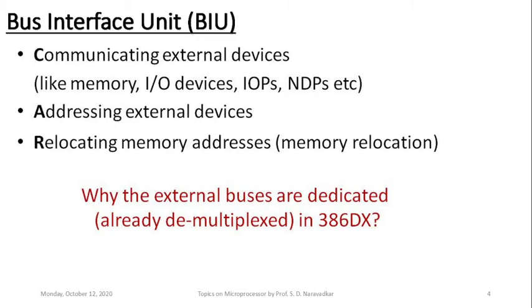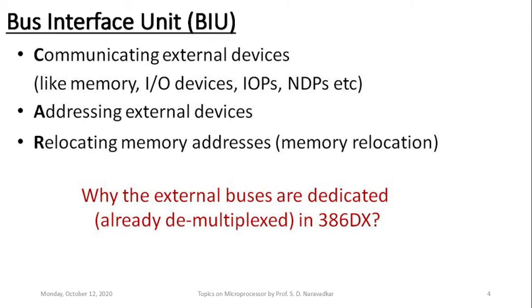Okay, if a sufficient number of pins are available in that pin configuration or package, then why carry out unnecessary multiplexing? Because anyway, multiplexed buses need to be demultiplexed before we interface memory and the relevant IO devices.